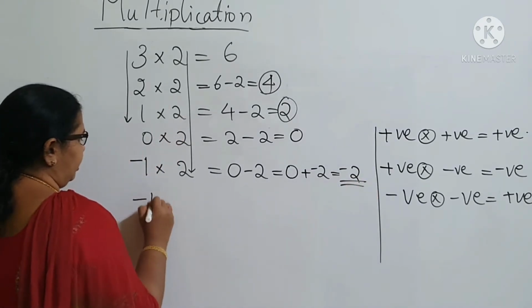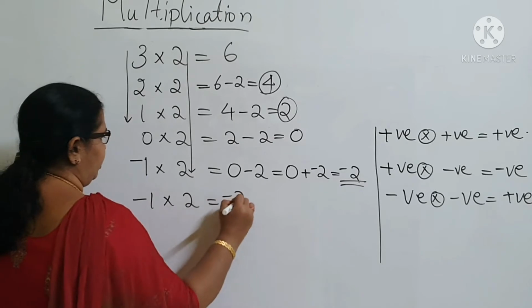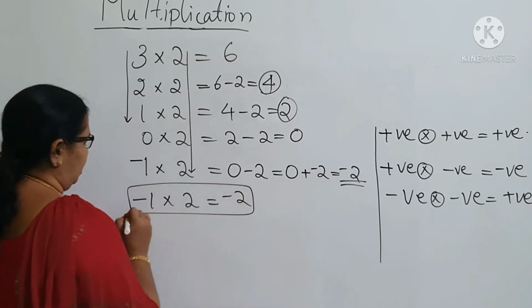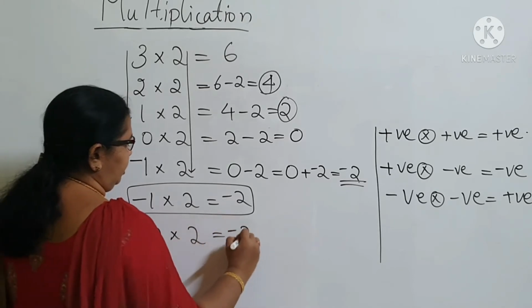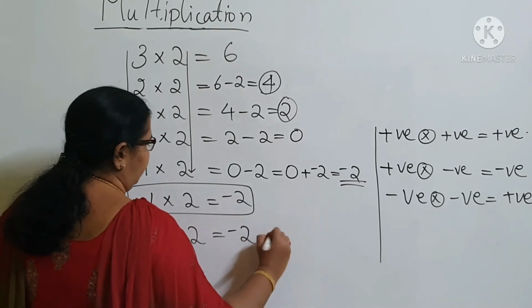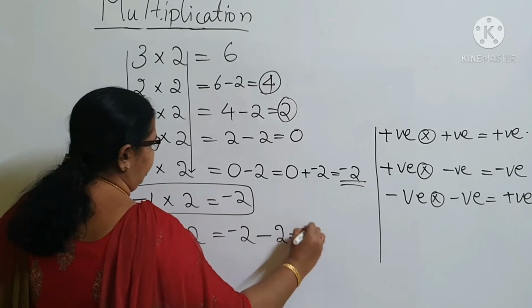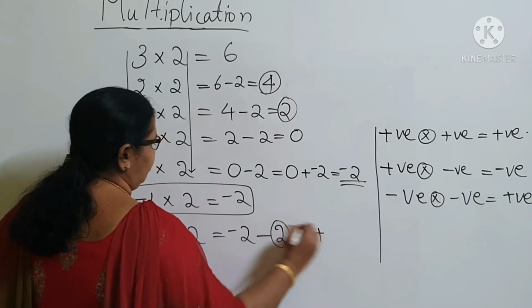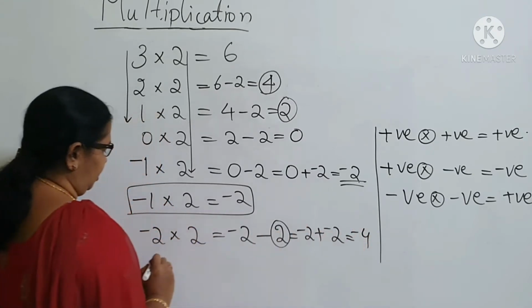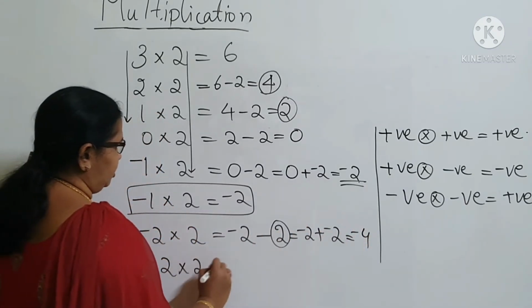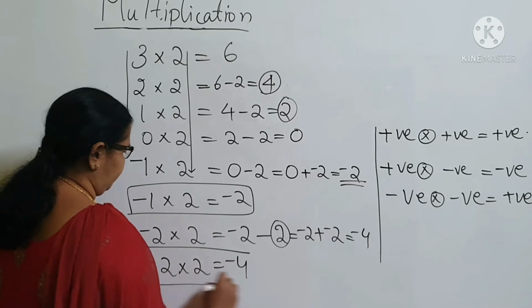Then negative 2 into 2: the previous product is negative 2 minus 2. That is equal to negative 2 plus the additive inverse of 2, which is negative 2. Both are negative integers, add them and place the same sign. So we got negative 2 into 2 is equal to negative 4.